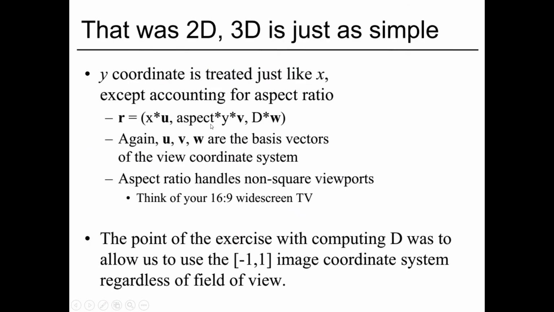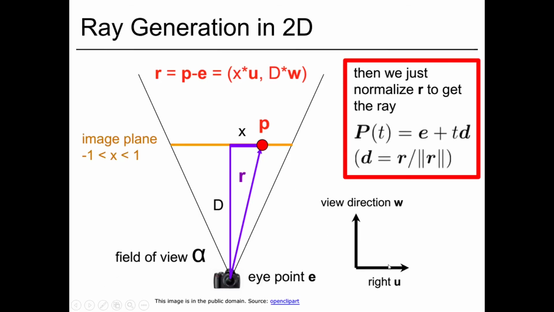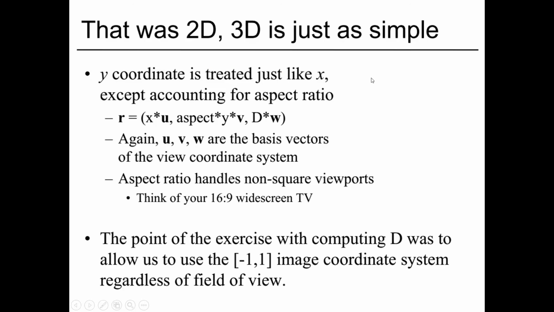So this particular exercise was an example for the 2D case, but 3D would also be obtained similarly. In addition to u and w, which we had known in the previous case, for the 3D case we will just have another unit vector, which is v, and now the vector r would be obtained with one more coordinate using the aspect ratio.